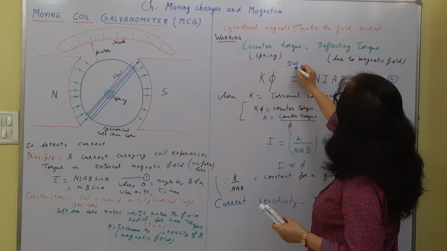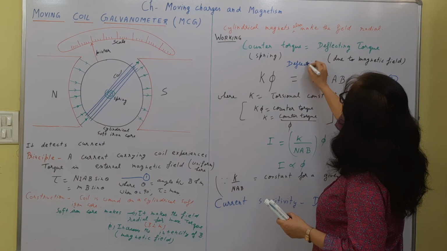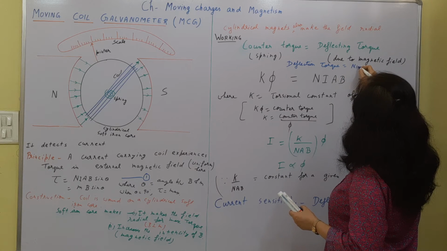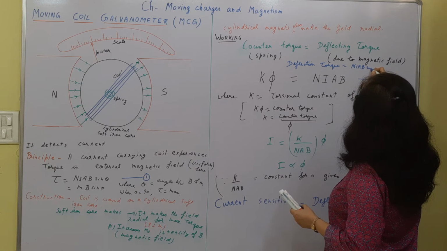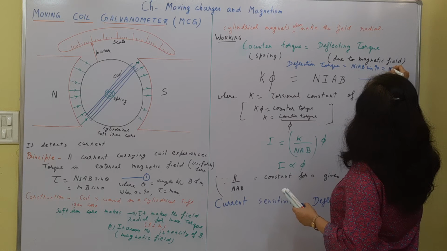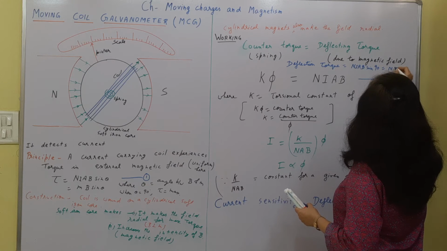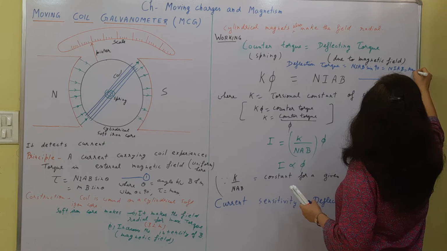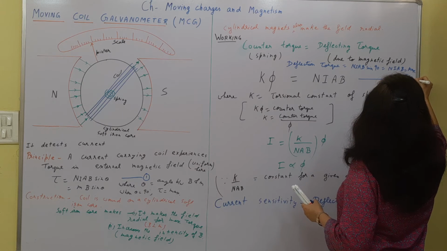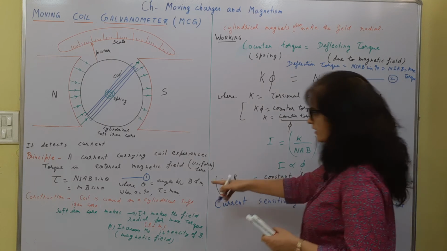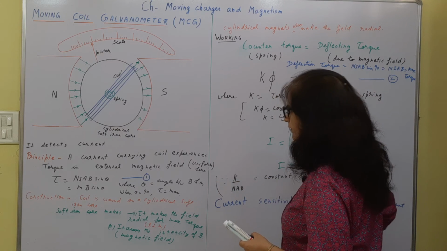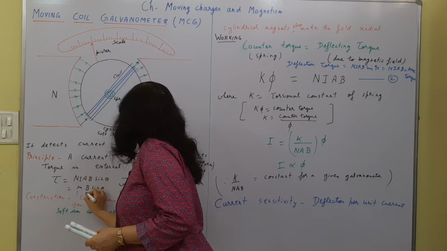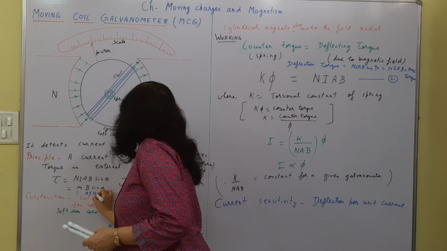Here we can just mention deflecting torque is equal to NIAB sin 90, which is equal to NIAB, that is maximum torque, as I have mentioned here, right? So for theta 90, this will be NIAB.